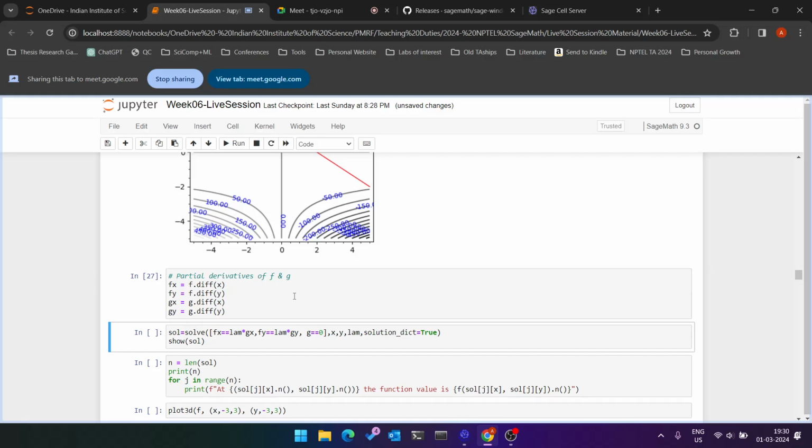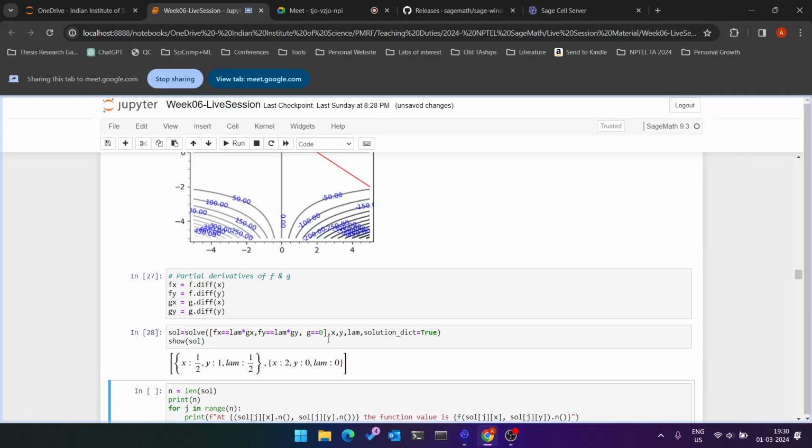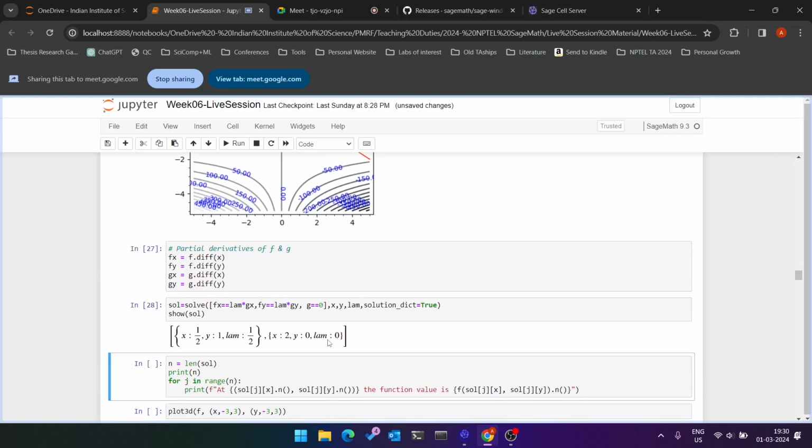We write down the composite equation h is equal to f plus lambda g, and then we try to calculate the extremum of h by taking partial derivative with respect to x and with respect to y, as well as setting g equal to 0 as our constraint equation. With this in mind, I calculate the solution function.